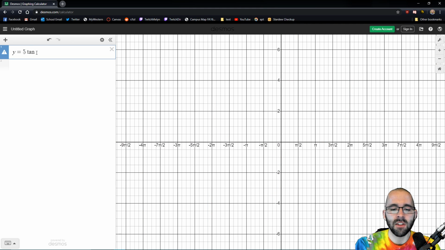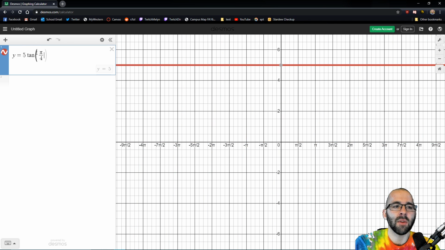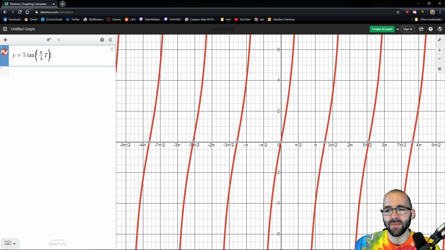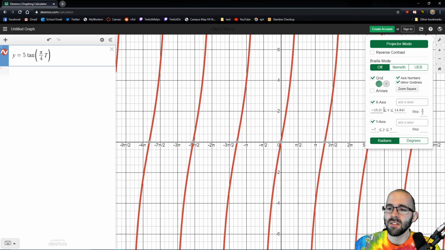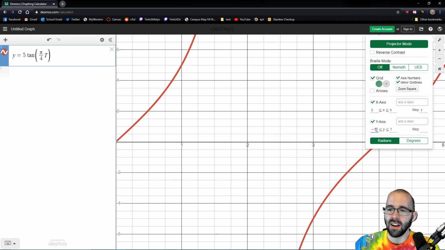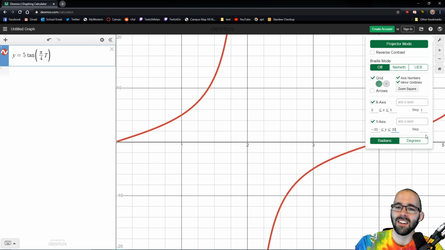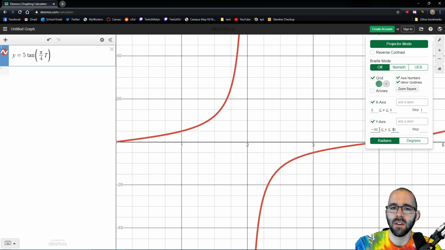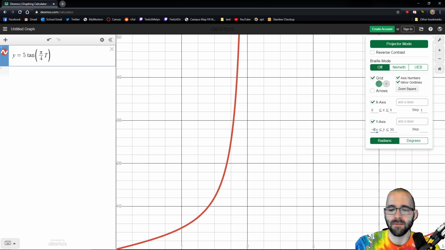So you can use a calculator or a graphing utility like Desmos. So you get 5 times tangent of pi divided by 4t. And it wants us to look at this from the interval from 0 to 5. All right, y-axis might need to change a little bit. Let's make it even more. Like this.